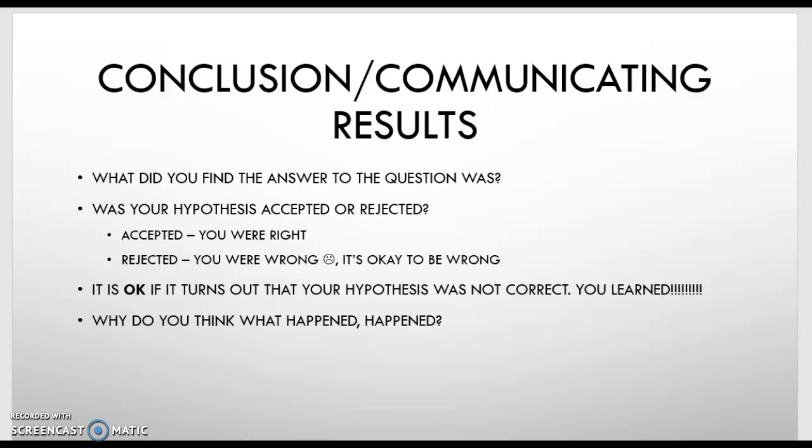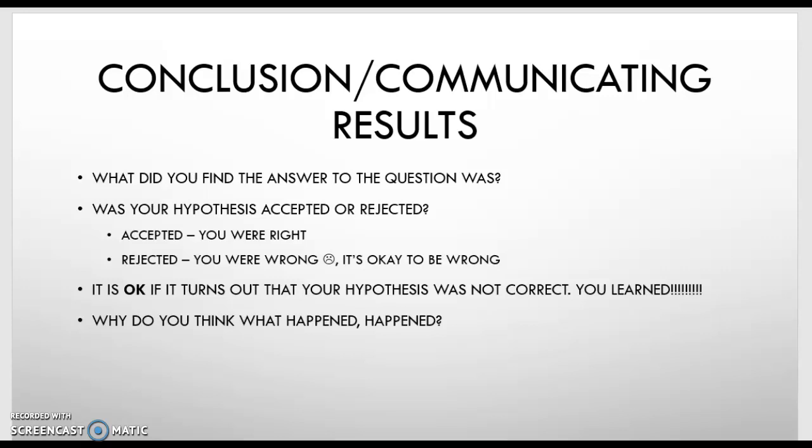So at the end, this is your reflection piece, your conclusion. Did you answer your research question? All right. So that's why we need to make sure that our research question is specific, because when we finish our experiment, when we finish our test, we are going to think back to the beginning. Did we answer our question?